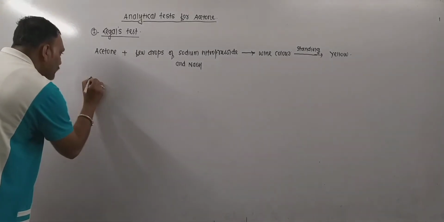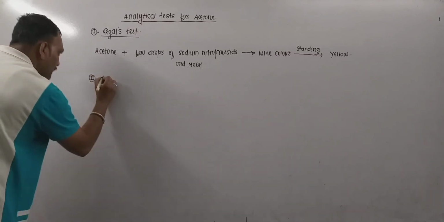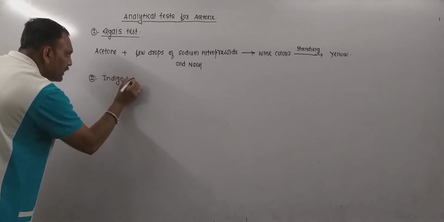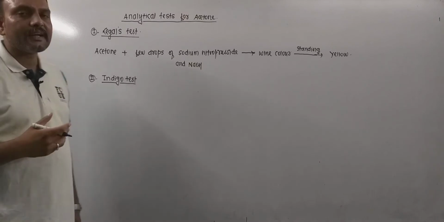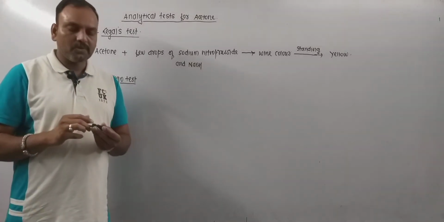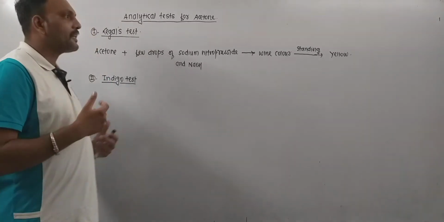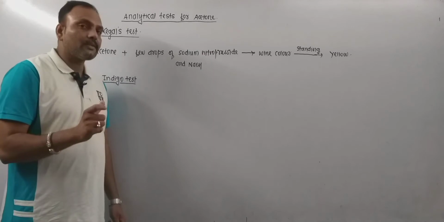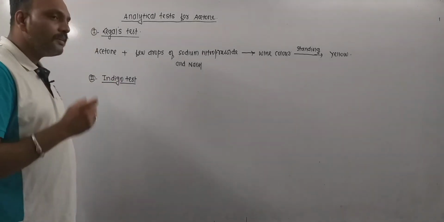Now the second very important test to be discussed is the indigo test. Indigo test is also a test to detect acetone. We need to take 2 ml of acetone and to that orthonitrophenoldiol is added.